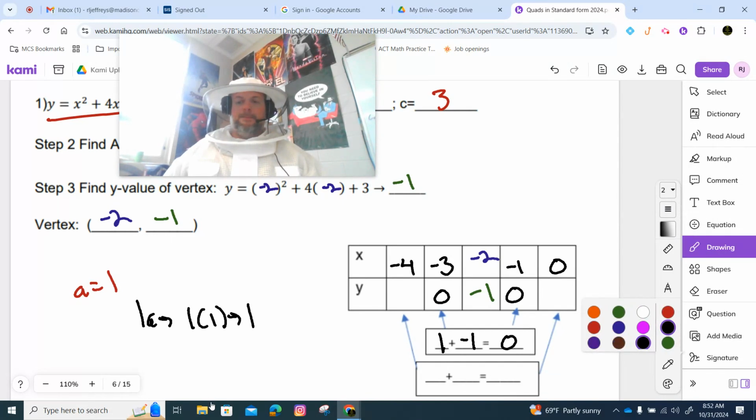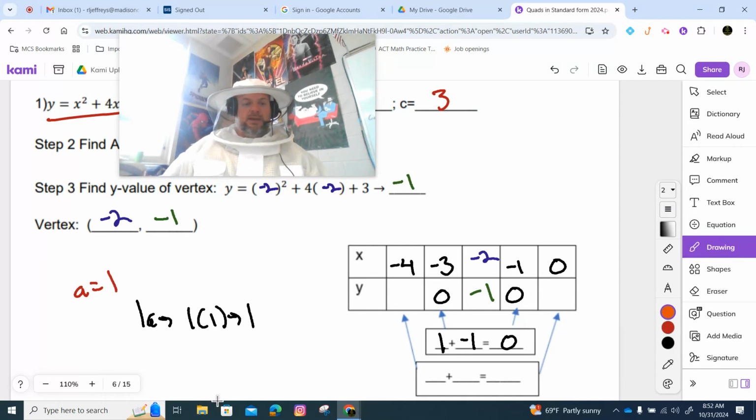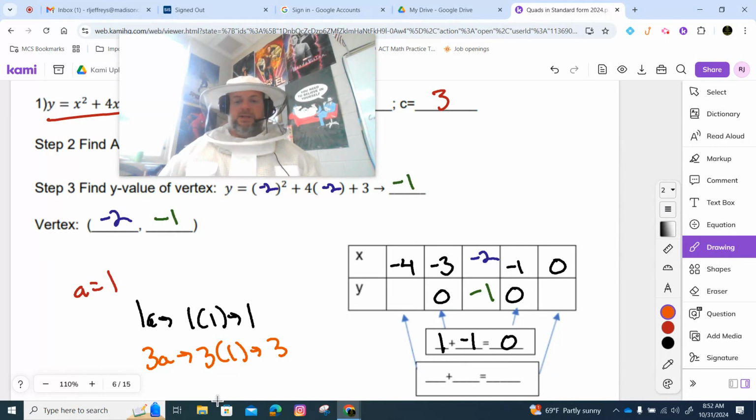Then this is 3A, so 3 times 1. What is 3 plus 0? 3. And that's it.